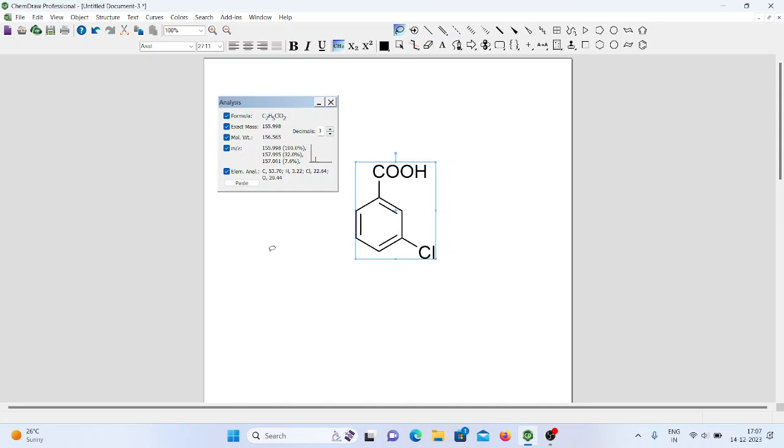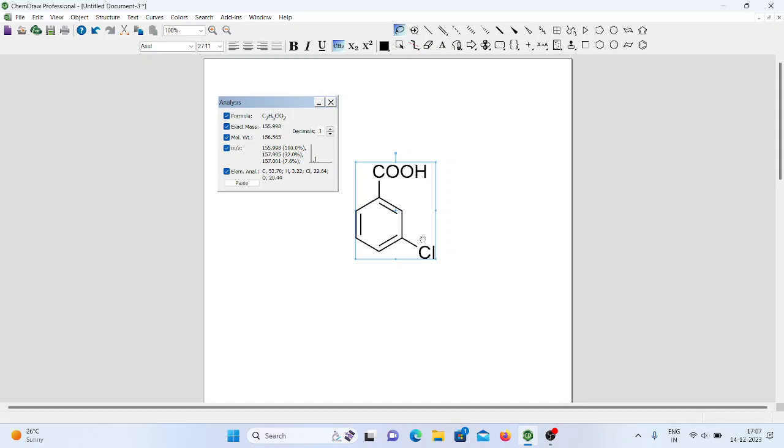Whenever you know the molecular weight, thereby we can determine the molecular formula of the compound. If you know the molecular formula, automatically you can get the remaining information. If you have the molecular formula, then what should we collect? The elemental analysis. What is the percentage of element which is present in the molecule?